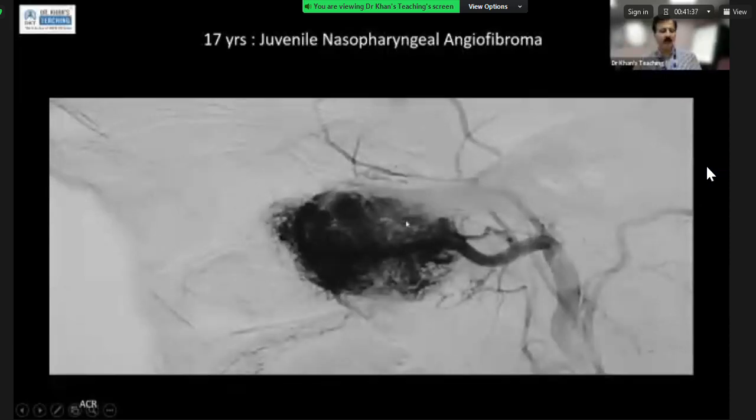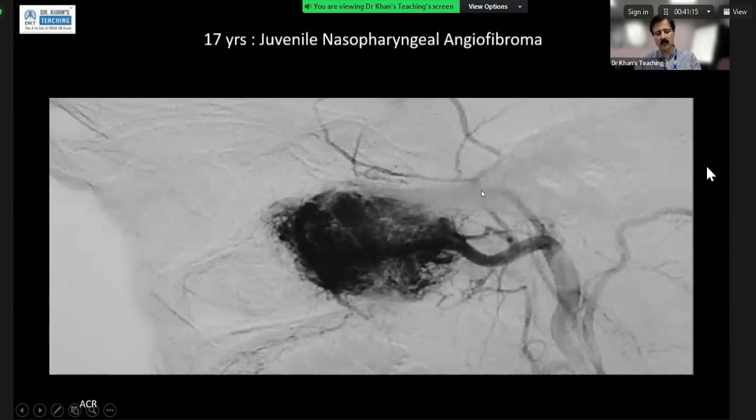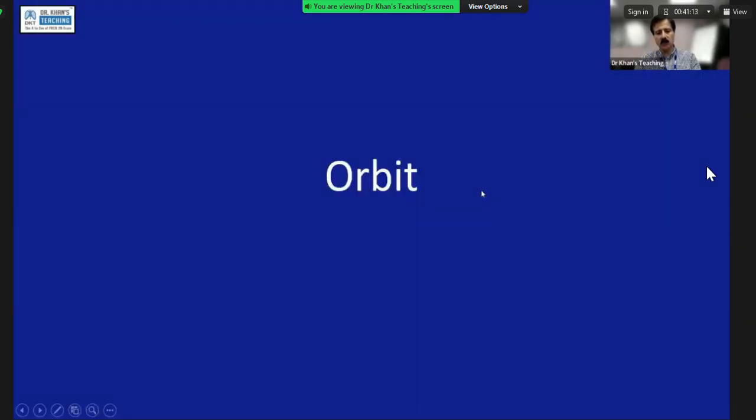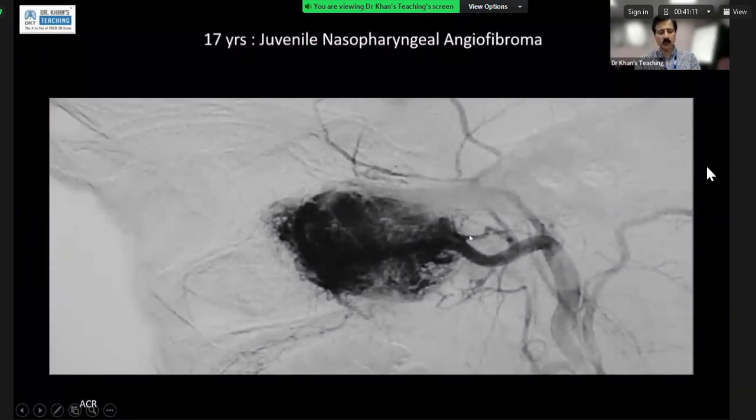When you get this in Viva, the examiner might ask you a few questions, because there is a bit of role of, this is a very vascular tumor, and before surgery also, it is embolized, and this is the internal maxillary artery, which is showing this on an external, this thing, what we call an angiogram.